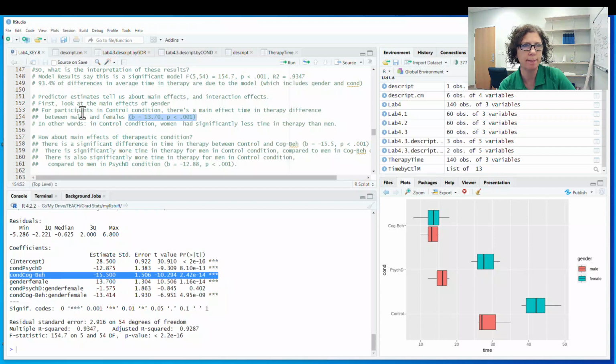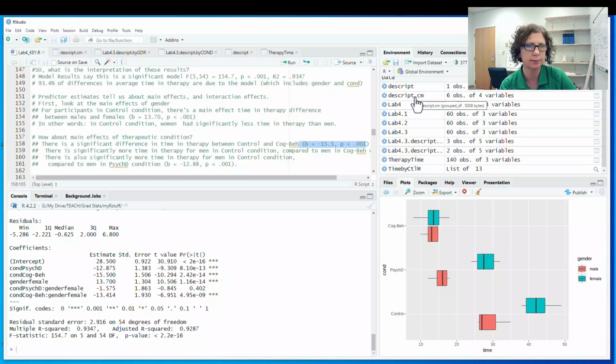So we have some main effects of therapeutic condition. We have our B and our p-value, and we can get the average because we already did our descriptive cell means, so we already have the means.